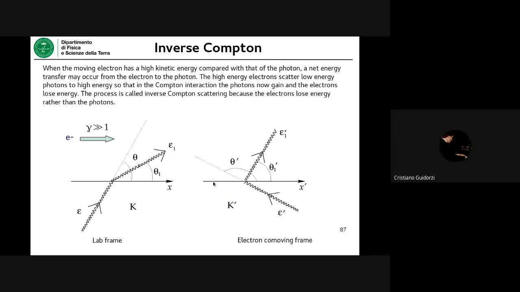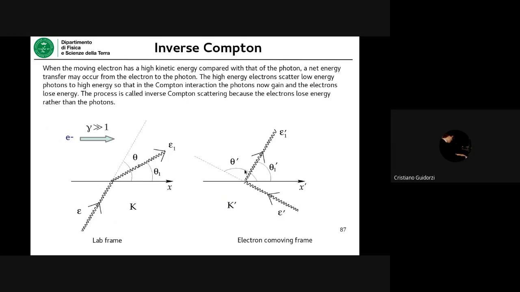So that's why I call the same axis x prime. We consider a boost along x, given that x is the direction along which the electron is moving in the lab frame. So what connects the two reference frames is a Lorentz transformation with a boost along x.